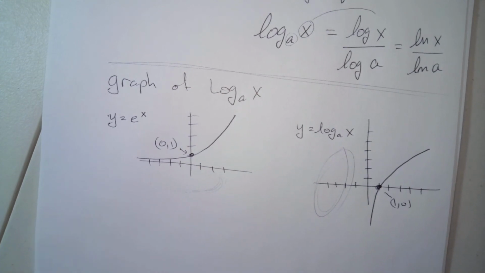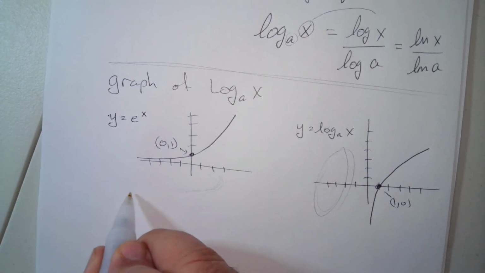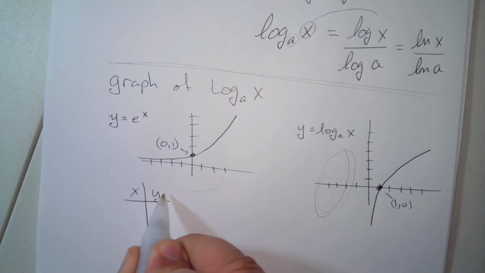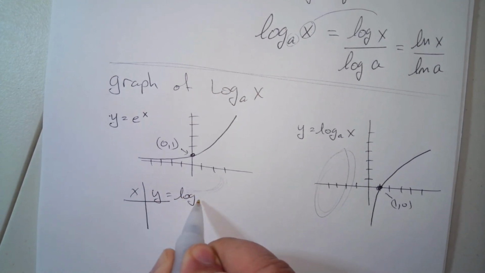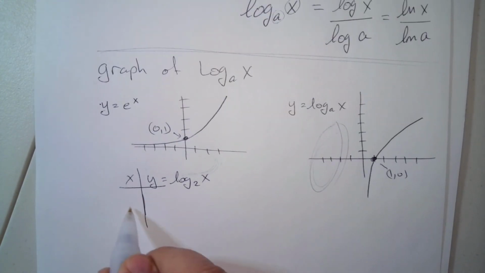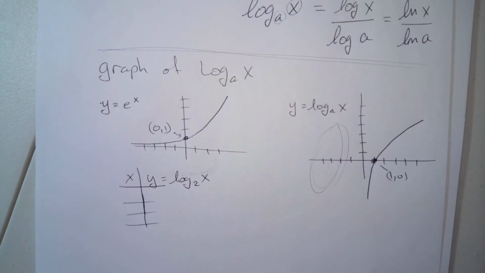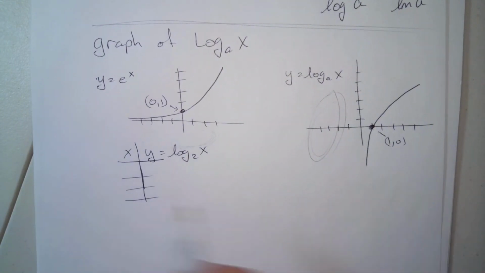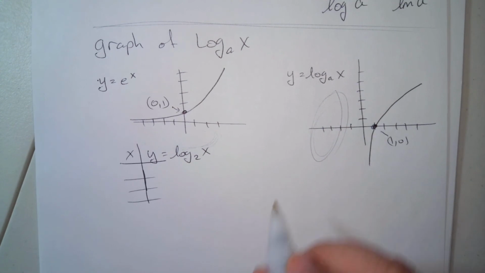Again, you can use a table if you want to. Let's say log base 2 of x. Plot some points. You use positive and negative numbers.